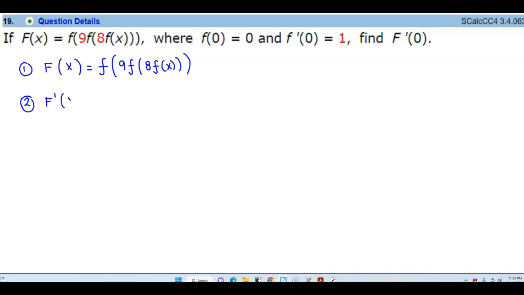So we're going to have F prime of x, which is going to equal f prime of 9 f of 8 f of x times the derivative with respect to x of 9 times f of 8 f of x.